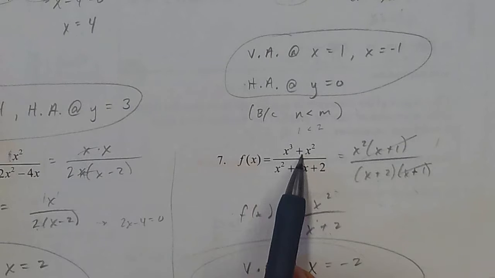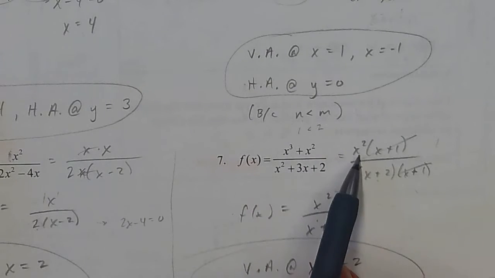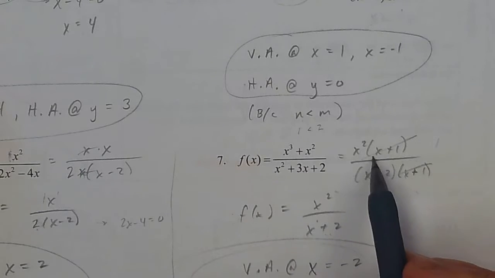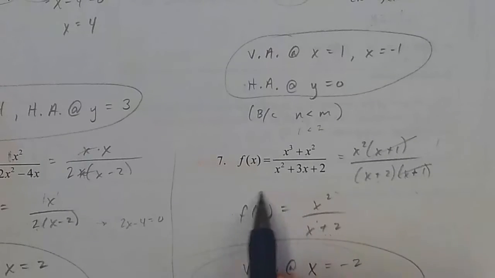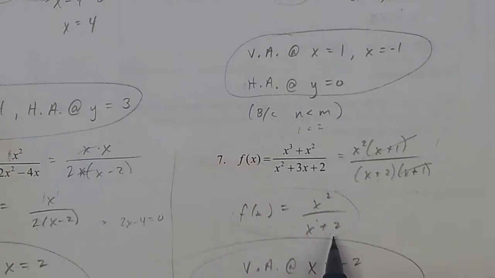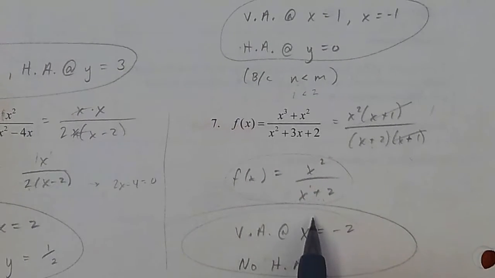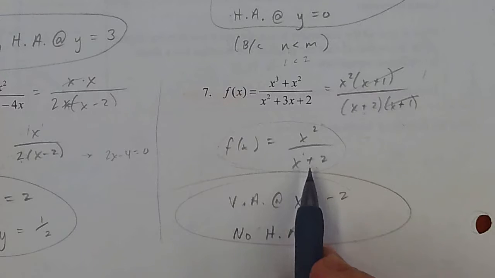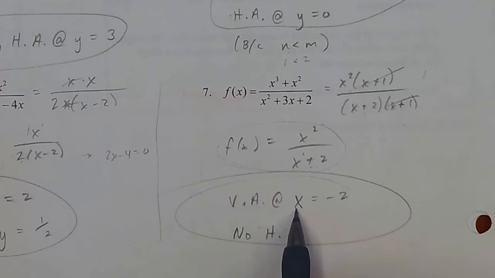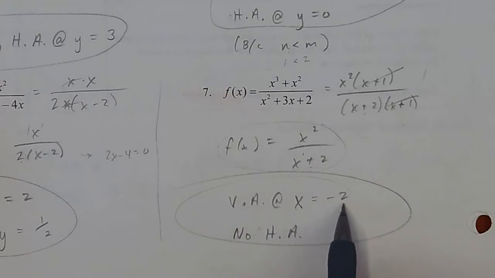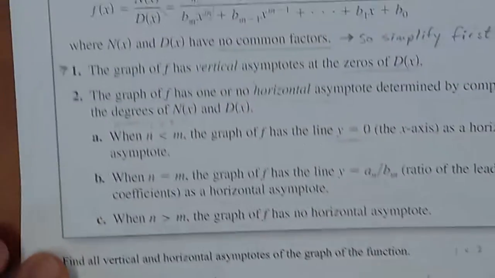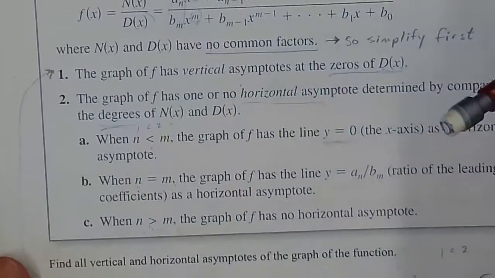I simplified and factored out the common factor up there. I factored the bottom, and then the x plus 1 reduced out. And then this is the result of the function now. So what are the zeros of the denominator? Now I only have 1. It's just -2. So there's a vertical asymptote at that spot, at x equals -2. Okay? All right, so there's your review on vertical asymptotes.